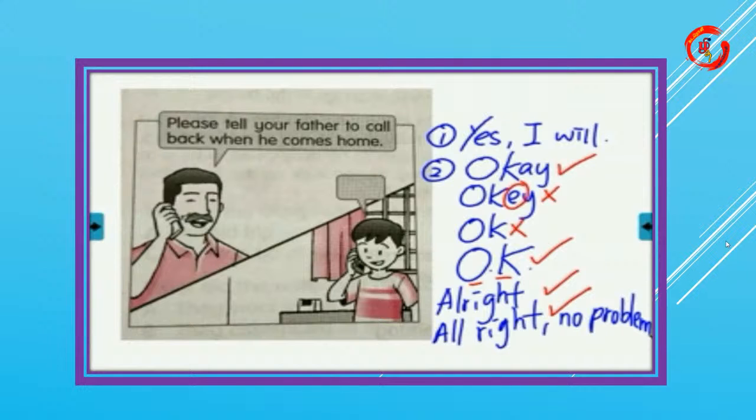Okay, they are talking. It's a telephone conversation. You study the picture carefully. And now you read the social expression given. The one on top. Please tell your father to call back when he comes home. So the man is talking on the other side of the phone. He's telling, please tell your father to call back when he comes home. Your dialog box is below. That means you are going to give a response.